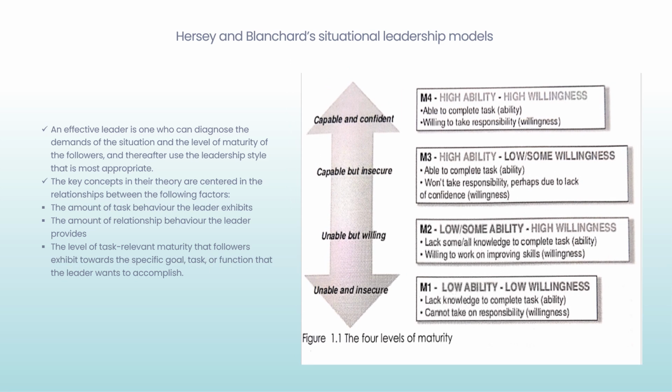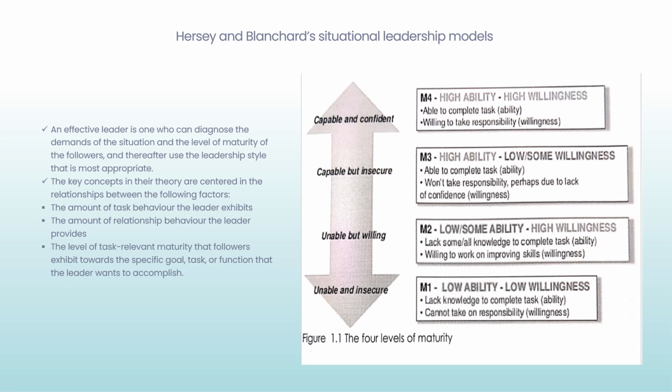We have 4 levels of maturity because Hersey and Blanchard focus mostly on the followers, because you as a leader, you have the personality traits, you have the education, you have been taught, you have learned, so you are already fit as a leader. Now let's see about the followers that you have.